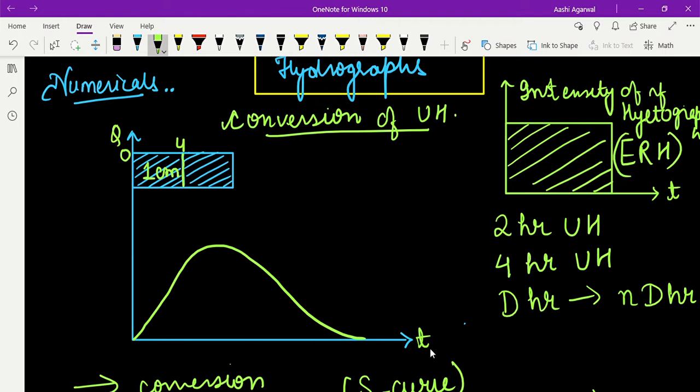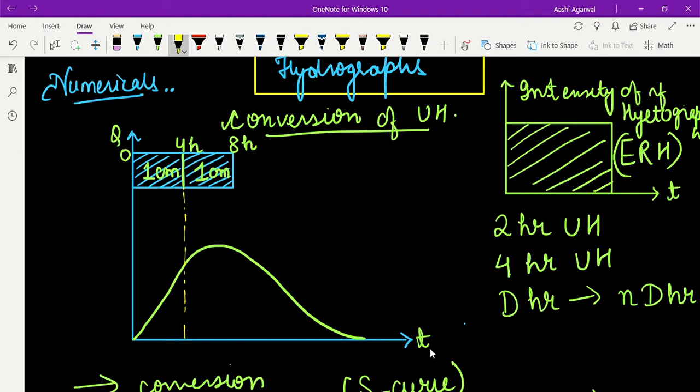Now I am saying after that, for another 4 hours 1 centimeter of effective rainfall has occurred. After these 4 hours, the next 4 hours also the same effective rainfall has occurred. So as per the time invariance, I should get a similar hydrograph. But this time the hydrograph will start from here, because this hydrograph is after 4 hours.